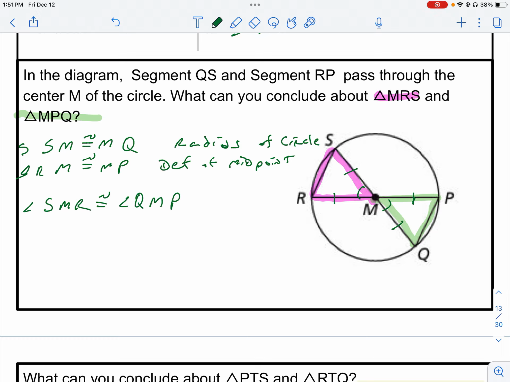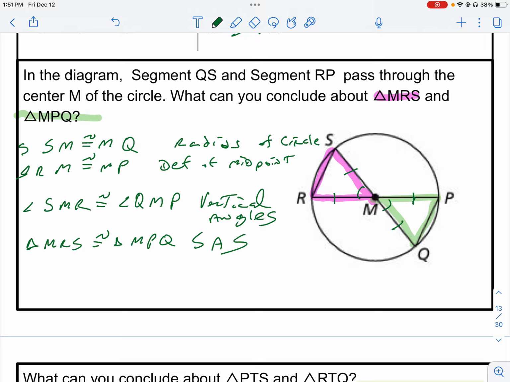And how do we know that? Because they're vertical angles. They're across the X from each other. So triangle MRS is congruent to triangle MPQ. Why? Because of side, angle, side. Side, then an angle, then a side. The angle is between the sides. We can use it. We are legal.